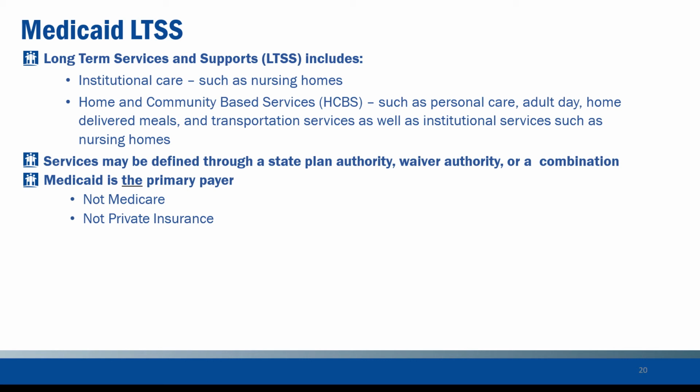Long-term services and supports includes institutional care, such as nursing homes, as well as home and community-based services, HCBS, such as personal care, adult day, home-delivered meals, and transportation services, as well as institutional services such as nursing homes. Services may be defined through a state plan authority, waiver authority, or a combination. In this case, Medicaid is the primary payer, not Medicare nor private insurance.